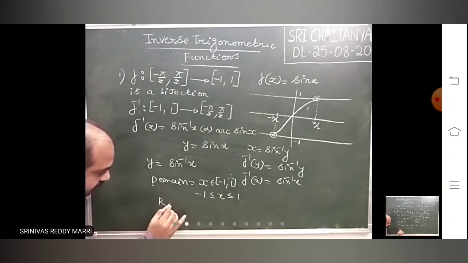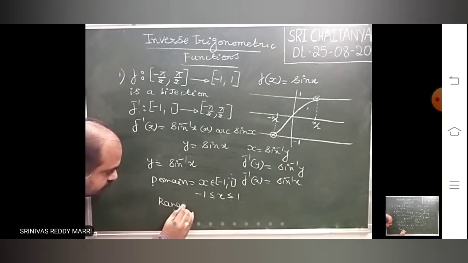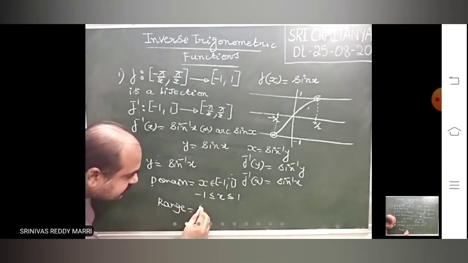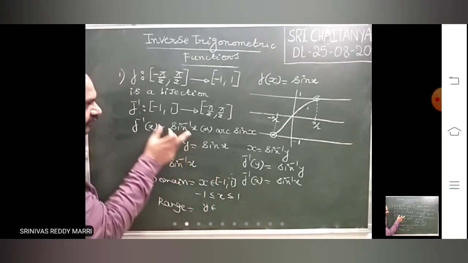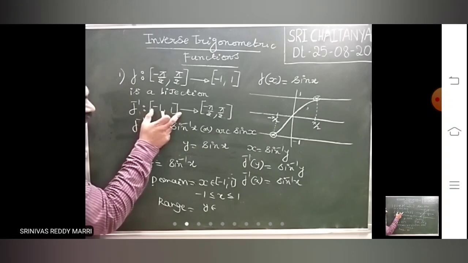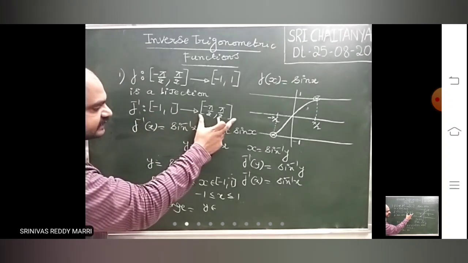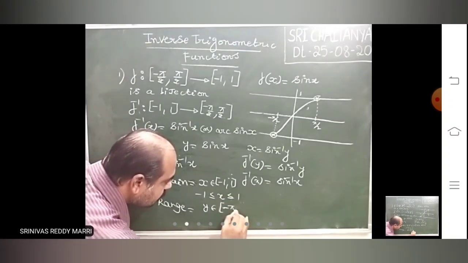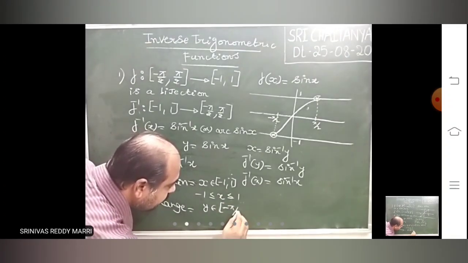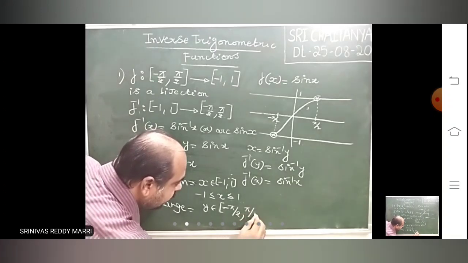So range means y values. That means for these values of x, the y values lie in the interval minus pi by 2 comma pi by 2.